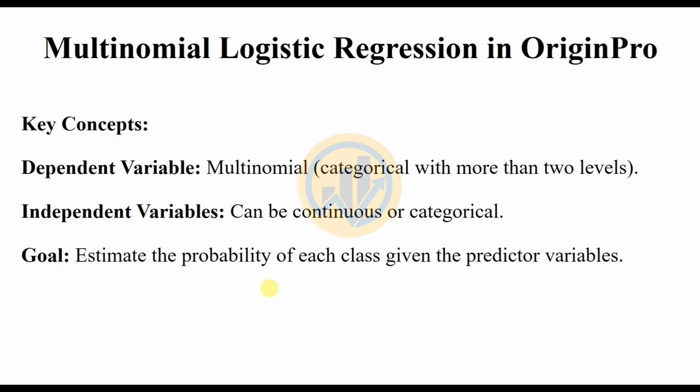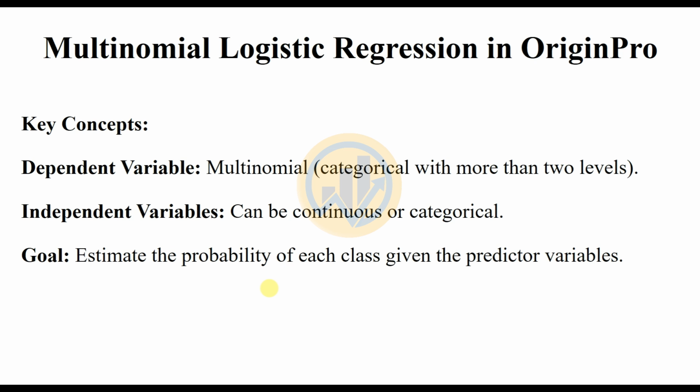So the key concept of multinomial logistic regression in OriginPro: the dependent variable is multinomial categorical with more than 2 levels. Independent variables can be continuous or categorical. The goal is to estimate the probability of each class given the predictor variables.